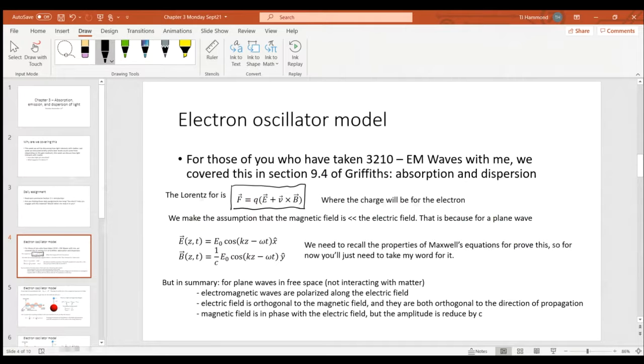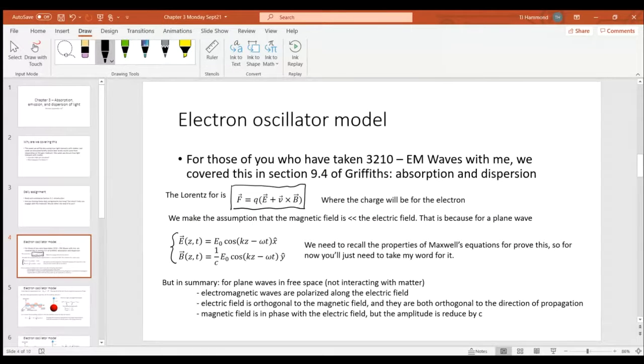Okay, and this is going to tell us how the electromagnetic field interacts with this charge, and that's due to the Lorentz force. This electromagnetic radiation is going to be electromagnetic waves, given by this electric field and this magnetic field here.